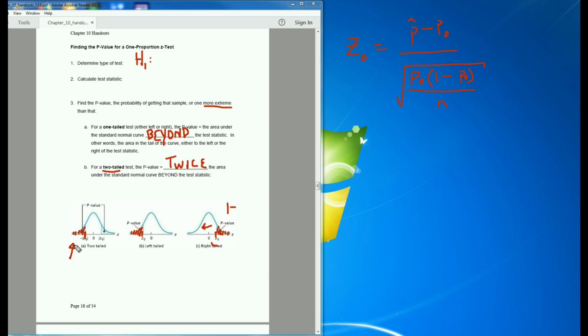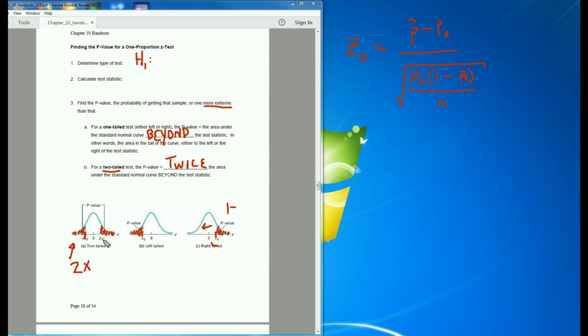But then you have to take 2 times that area, because you also have to account for the symmetric area in the other tail.